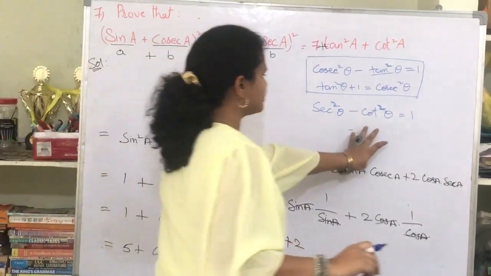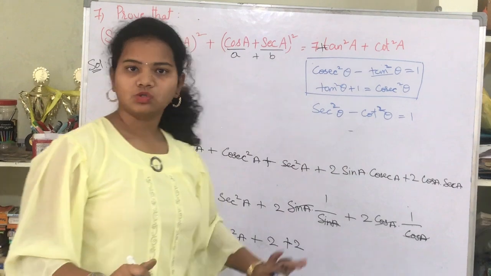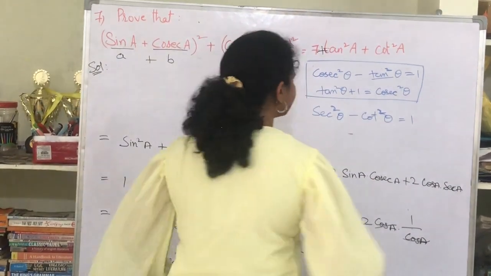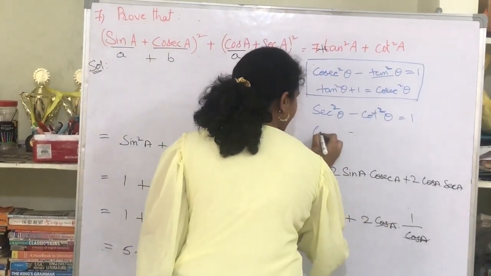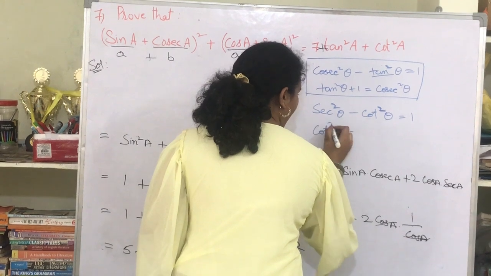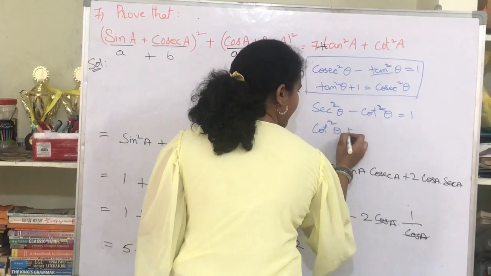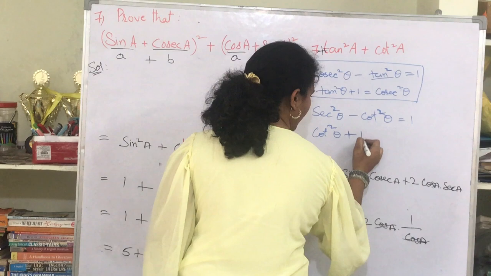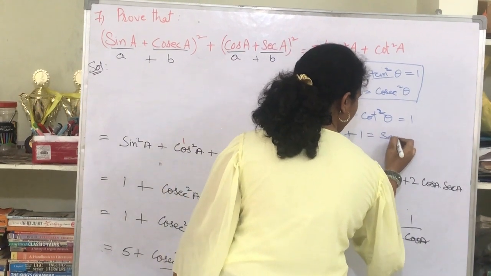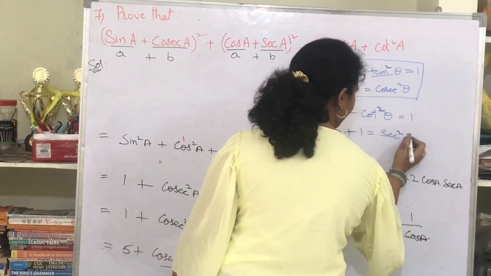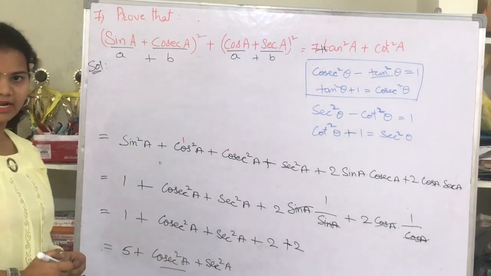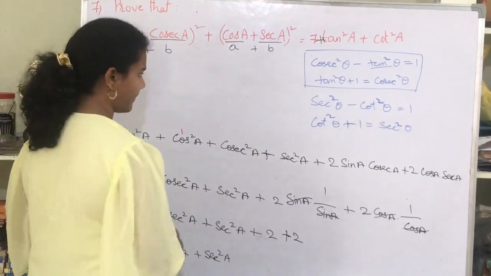Now if I need secant square theta, I transpose this cot square to the other side, this becomes plus, so I can write cot square theta plus 1 equals secant square theta.